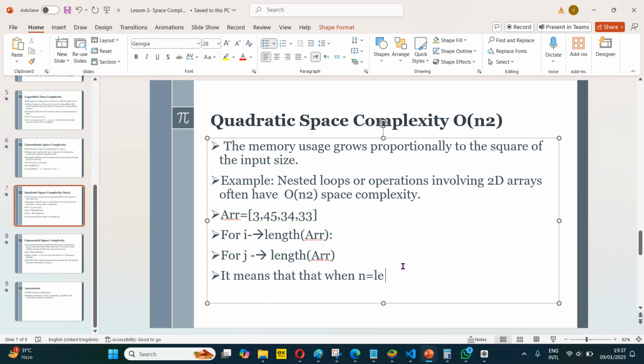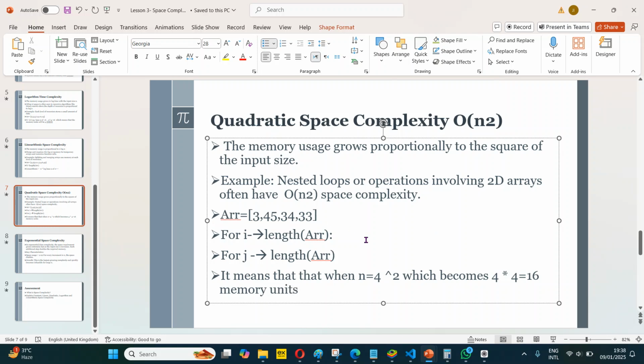It means that when n is 4, the memory units used in quadratic space complexity will be 4 squared, which is 4 times 4, giving 16 memory units.